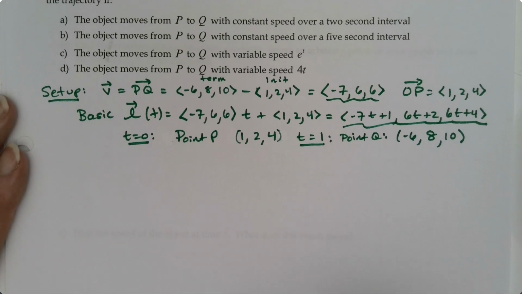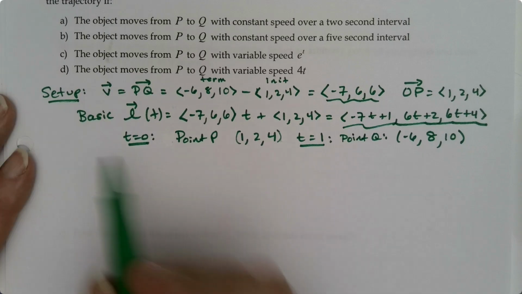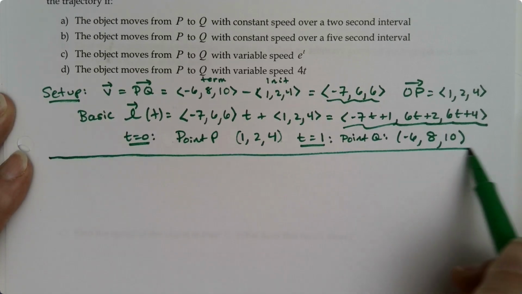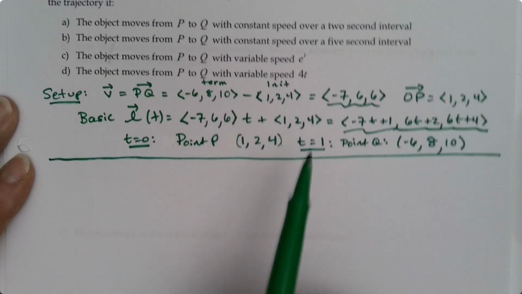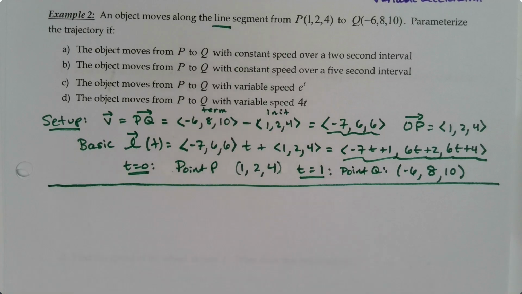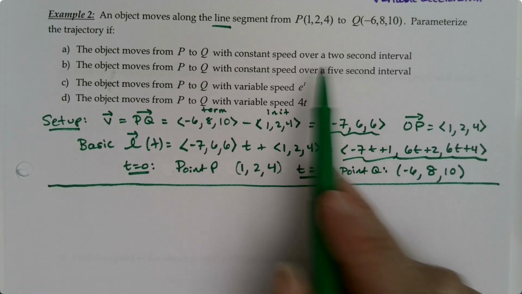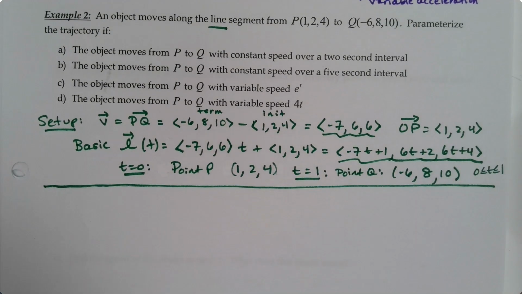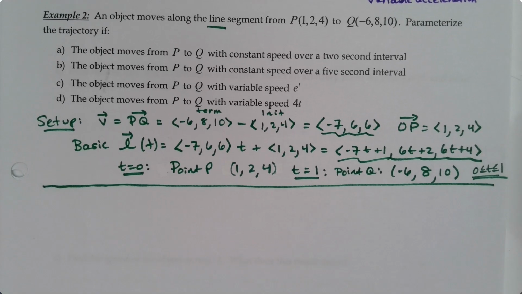Okay. So our line works, and our line goes from 0 to 1 to get us through these points. It's not actually a restricted domain because this is a line piece. But if you want, you could say 0 to 1 to get to those 2 points. So I'm just going to tuck it in over here for myself.